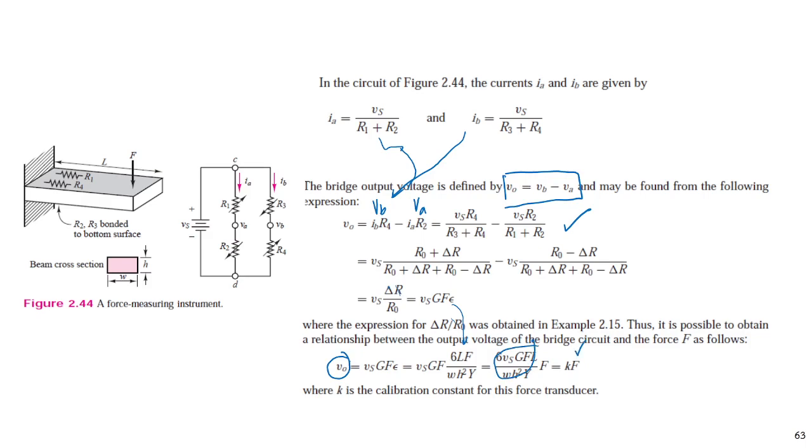Okay, so we measure the voltage between VA and VB, which can represent the force, right? It's a constant multiplied with this force. So VO is just proportional to F, right?